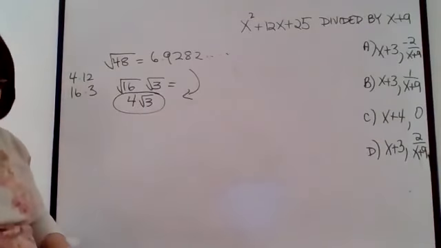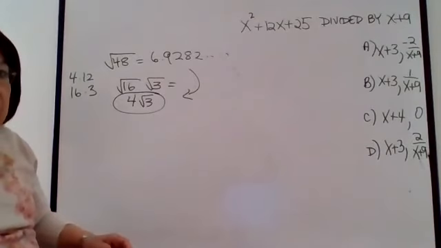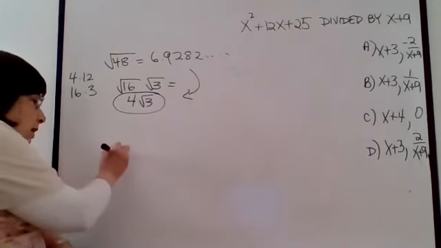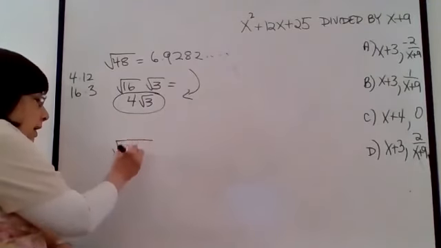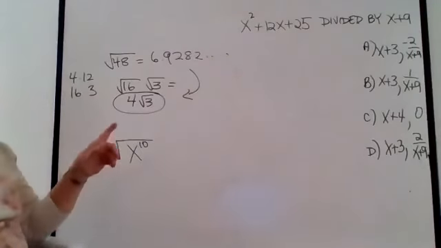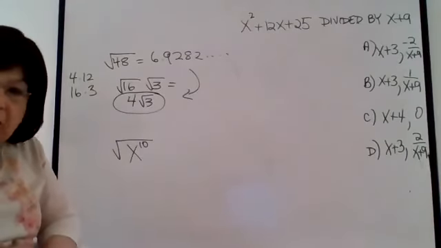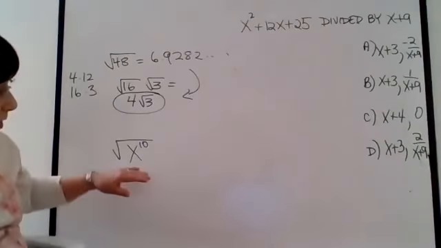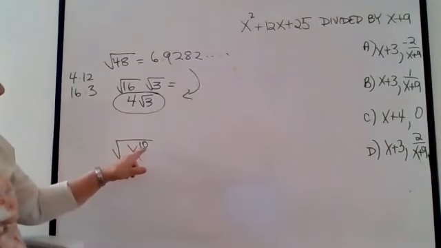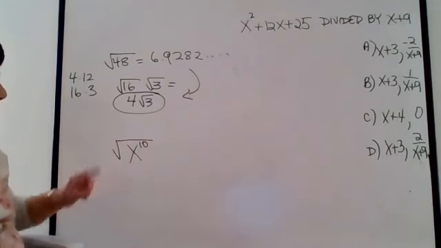Let's go one step further. What happens if there are variables inside your radical? Let's say I have the square root of x to the 10th. Actually, it's much easier to deal with variables than it is even with the numbers, because the rule is you take your exponent and divide it by your index.